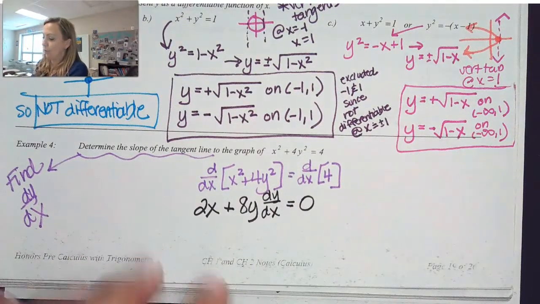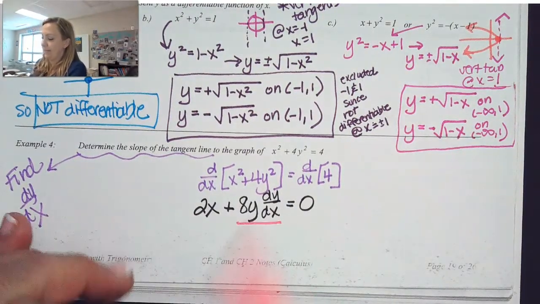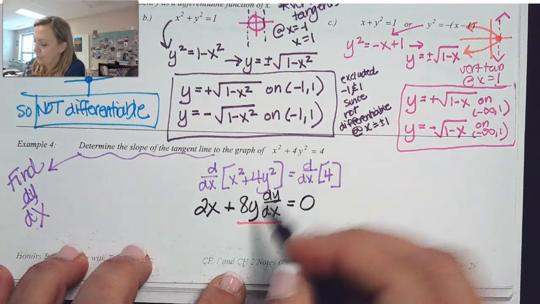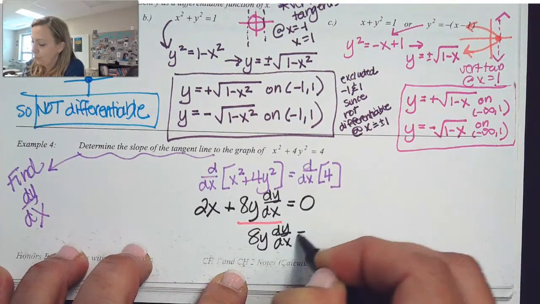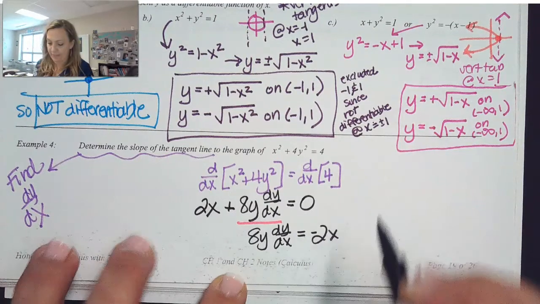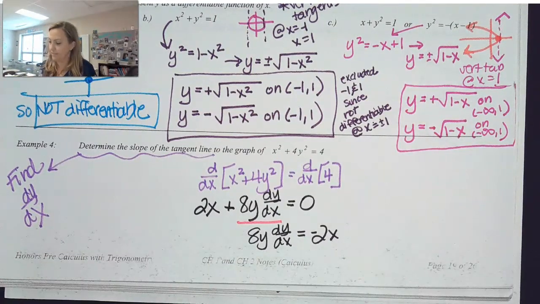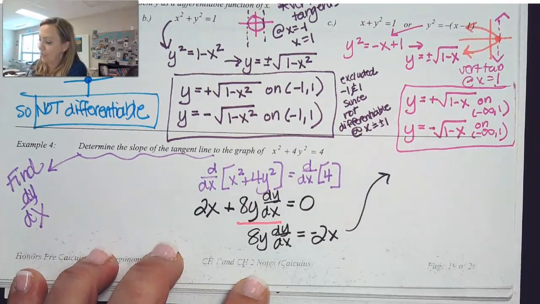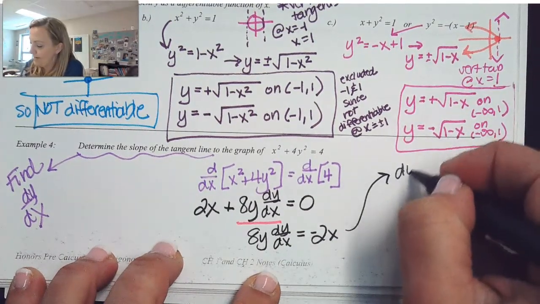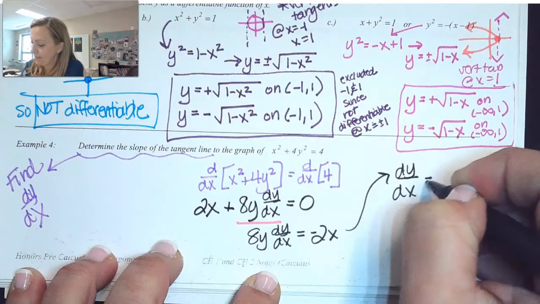Now this is the only term involving dy/dx, which means that we can just plop the 2x over to the other side by subtracting. And then I could divide by 8y to isolate the dy/dx.